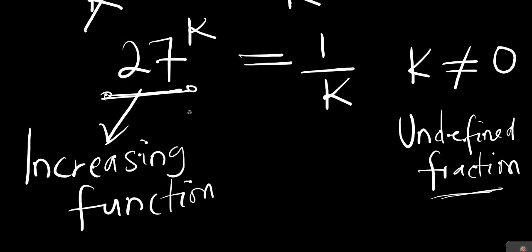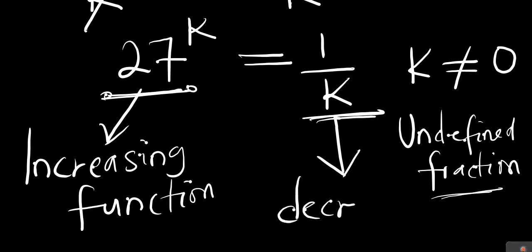Now, on the other hand, 1 over k here is actually a decreasing function, because the numerator here is static. This is 1. So when the value of k increases, this particular function will actually reduce. So this function here is a decreasing function.